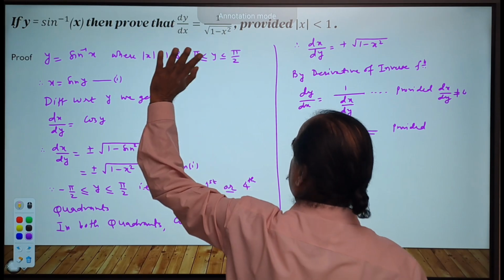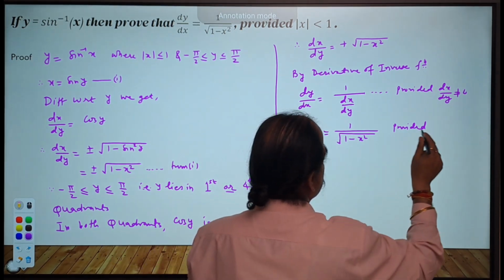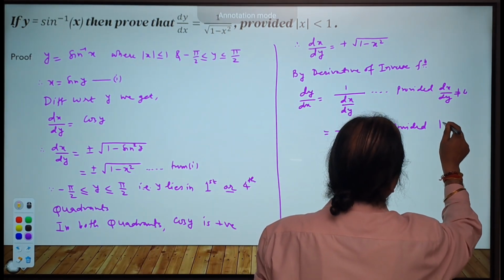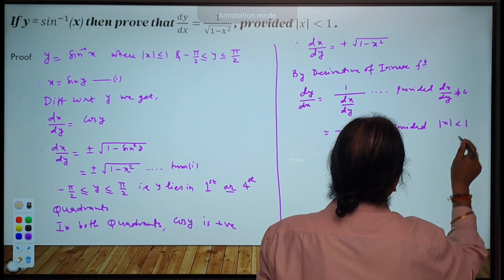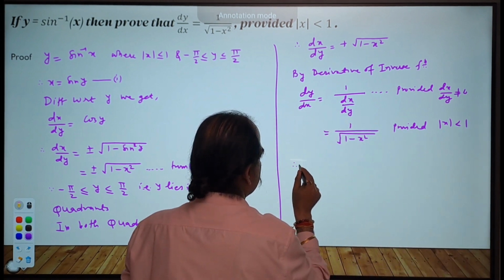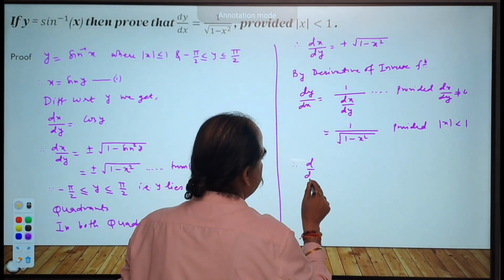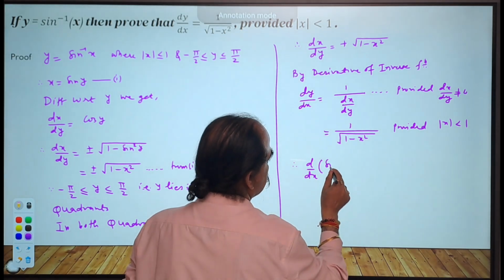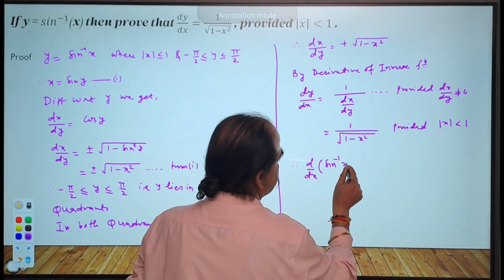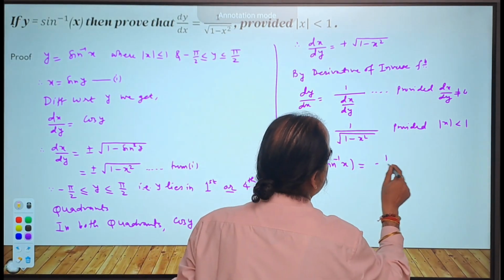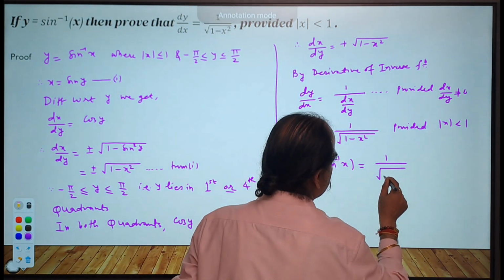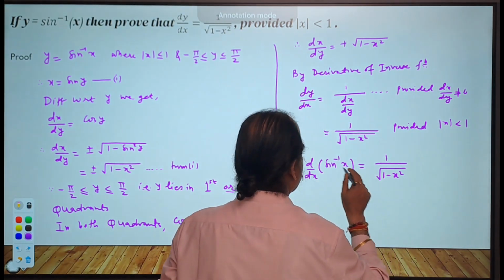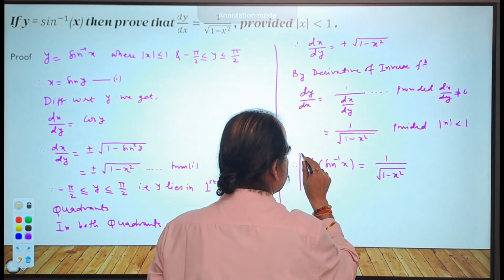Less than or equal to 1 in the definition, but this time in derivative it will be what? Less than 1. So d by dx of sine inverse x is 1 upon root 1 minus x square.